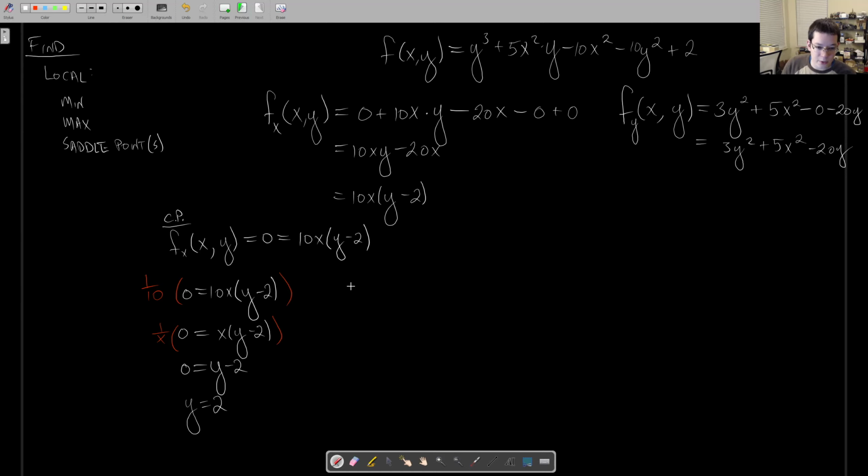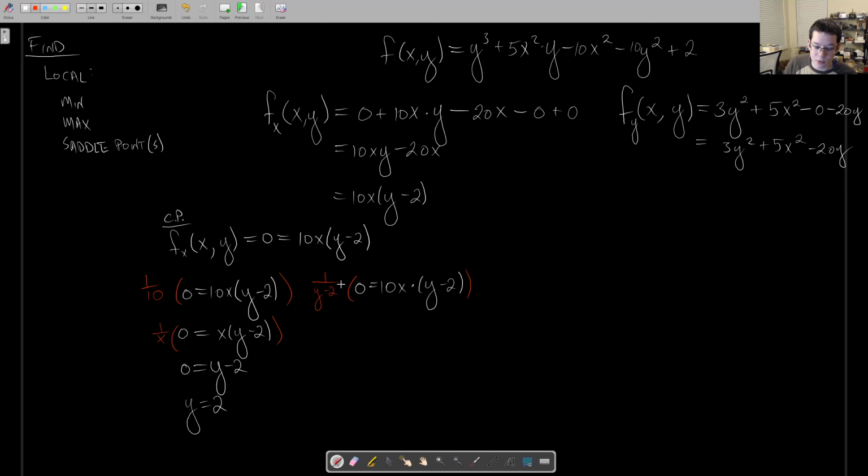What about the other way, if we're trying to find what value for x? We got 0 equals 10x times y minus 2. We're going to divide, change to red. Wish I could hotkey that. I don't know how to do that. Y minus 2.